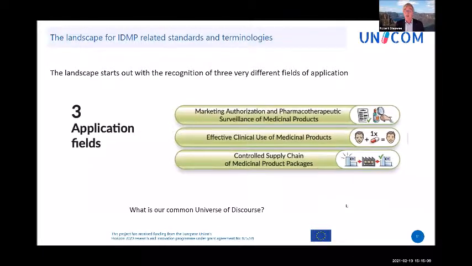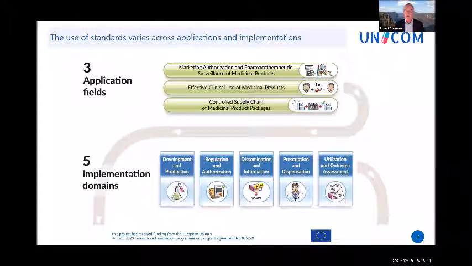And on the next slide, we can see that there's 5 types of organizations or implementation domains, if you will, that are engaged in these high-level processes. Development and production, that's fairly easy. That's the pharma business. Then, of course, the regulation and authorization and some related high-level organizations that play a role in, especially, the health system level.